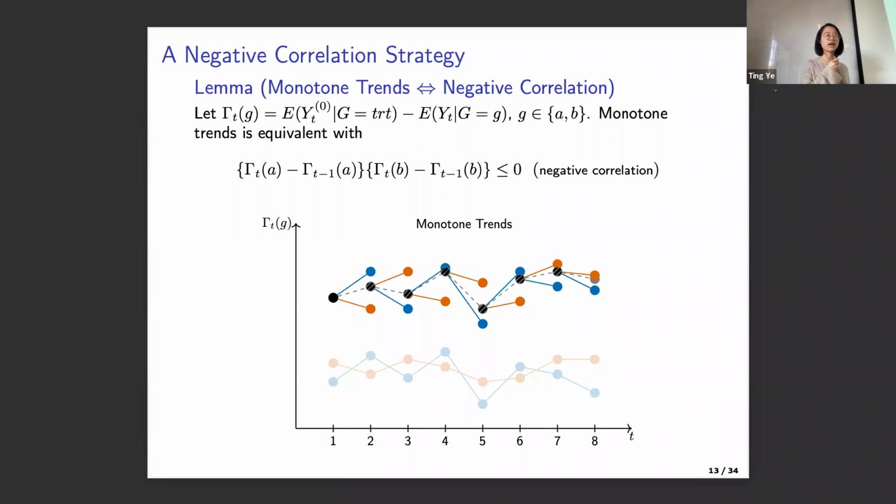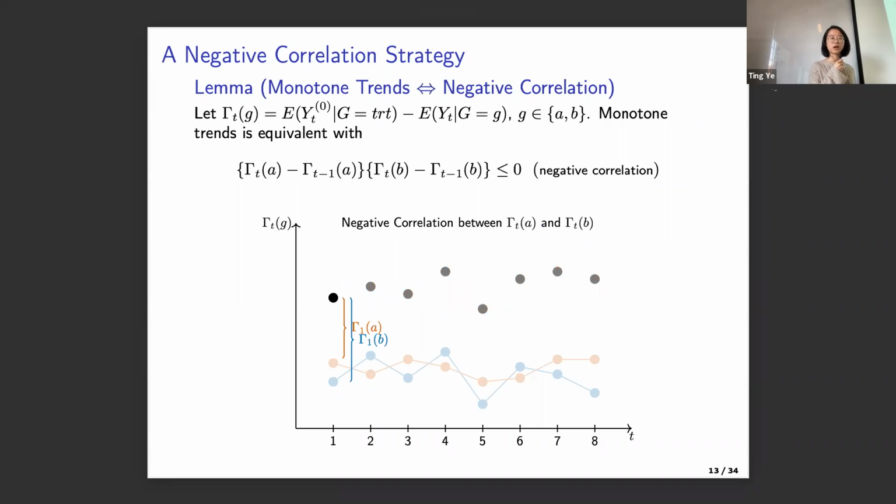Essentially, we have this gamma Tg to denote the relative outcome difference for the treated group and the control group. You can see in the bottom figure that gamma 1A is the relative outcome for control group A relative to the treated group, and gamma 1B is similarly for control group B.